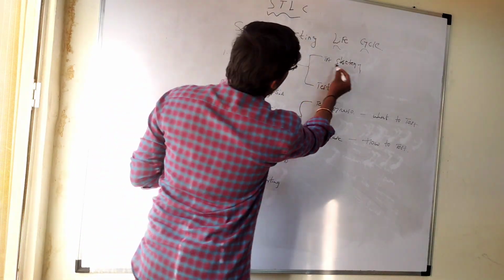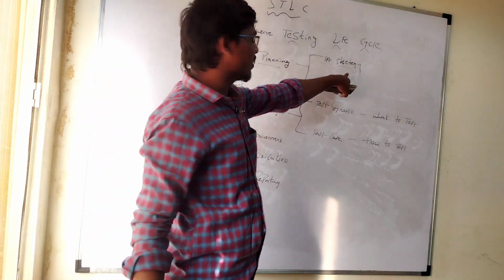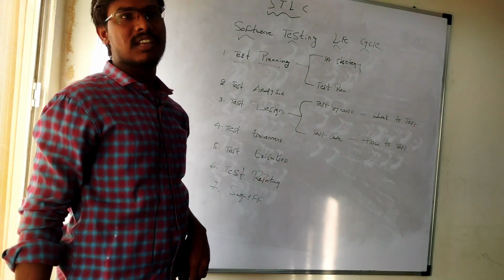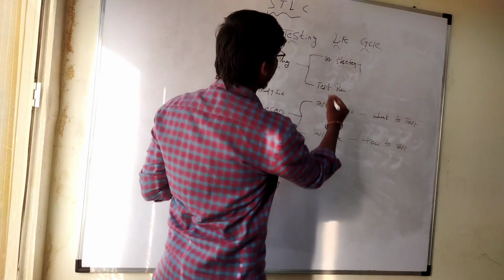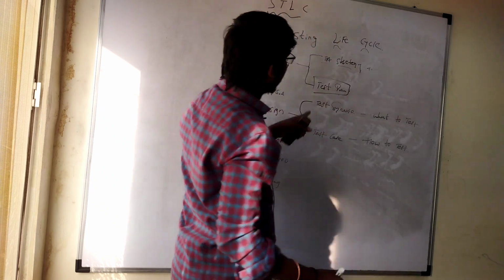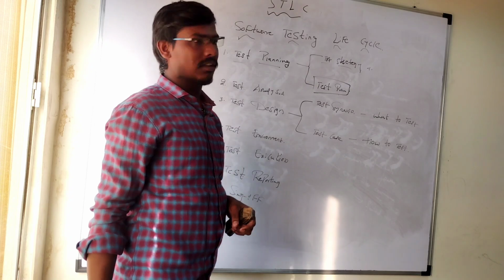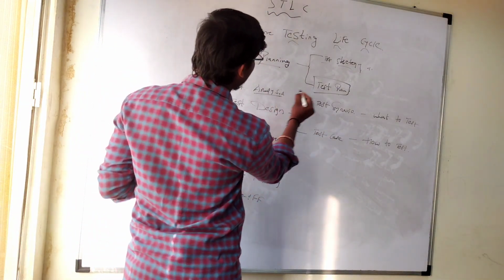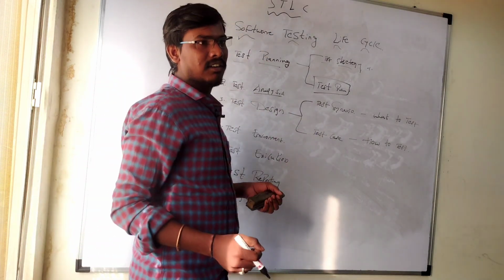After getting a build, the test strategy is prepared at the project level, a high-level document. The test plan is based on the strategy, and we prepare the test plan documentation. In test analysis, after getting the build, testers analyze the requirements the client has given for testing.